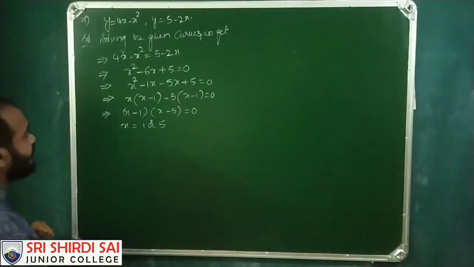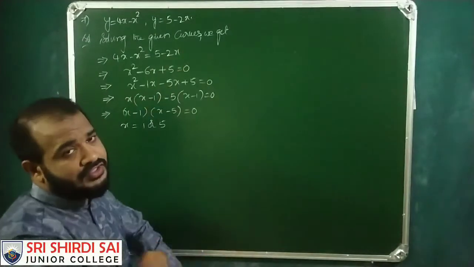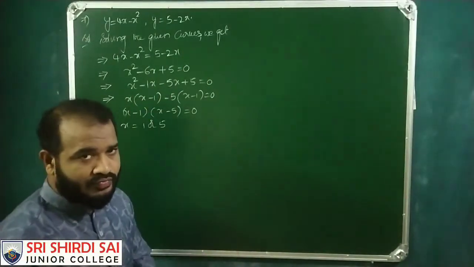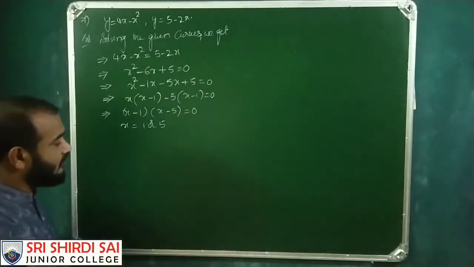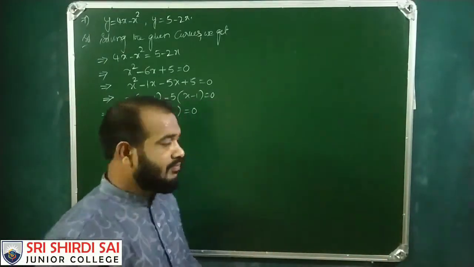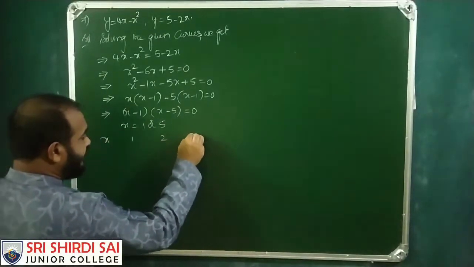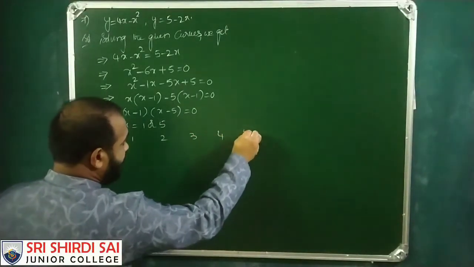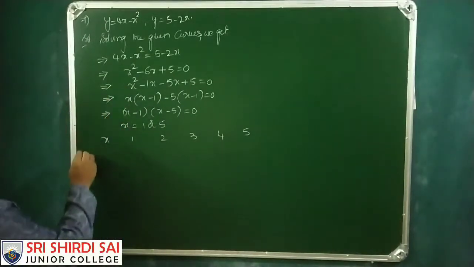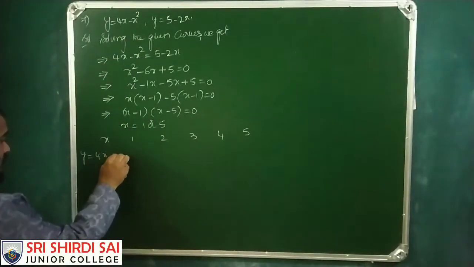So here between 1 and 5, which is the upper curve and which is the lower curve, we don't know. For which I will do one thing. On the x-axis 1 unit I will take and try to plot the diagram. So x is 1, 2, 3, 4, 5. So y equals 4x minus x square.